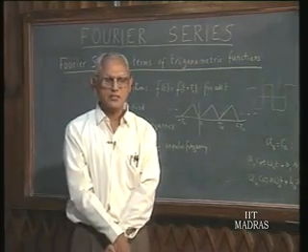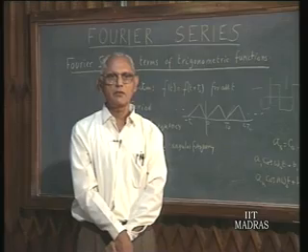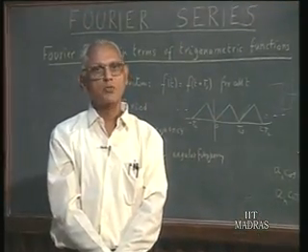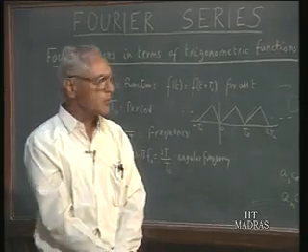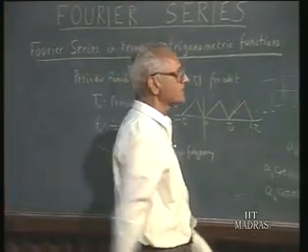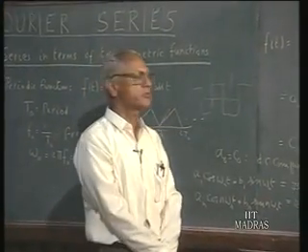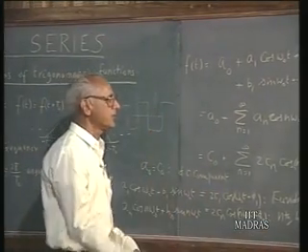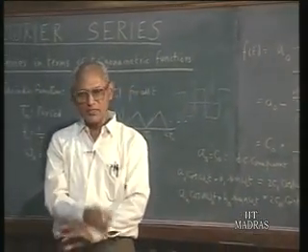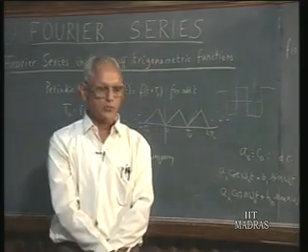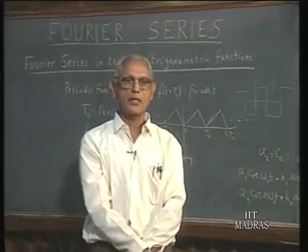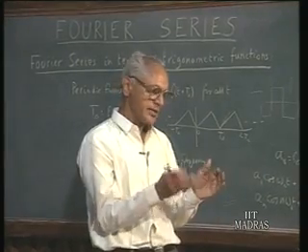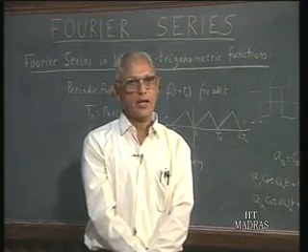That means beyond a certain n, the various harmonic components will be almost negligible. So it is permissible for us to truncate the series at a certain point, depending upon the accuracy which we would like to have, maybe n equals 5, 6, maybe 29, whatever it is, and then stop at that stage and take only those terms. If you have to calculate the value of the response numerically for a particular value of time, you can take the truncated series and add them up.